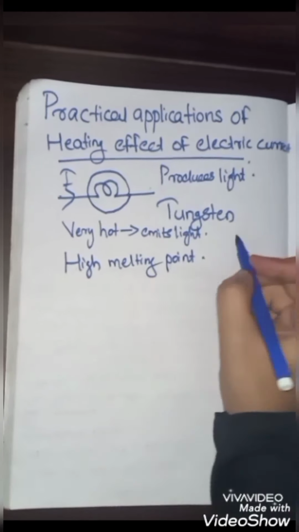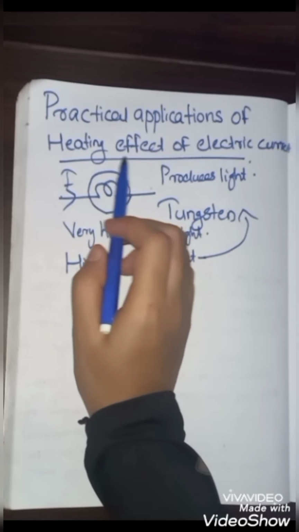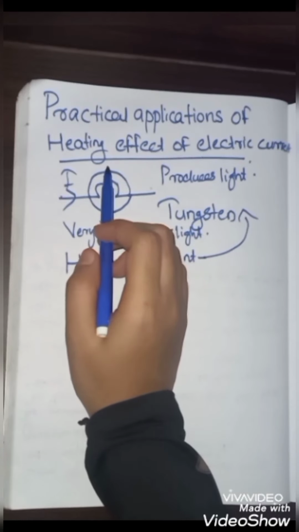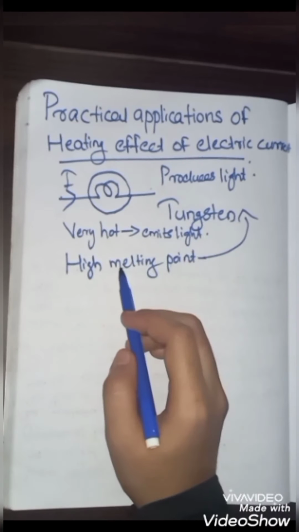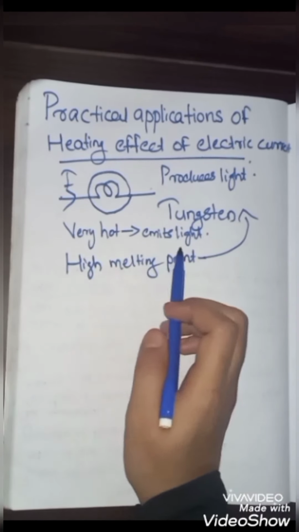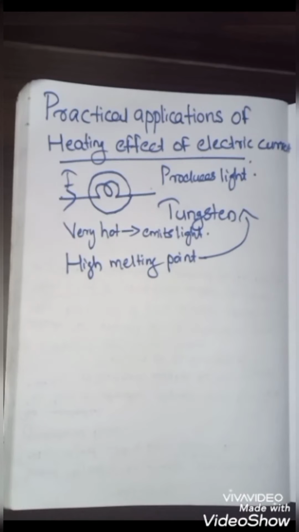We use the metal tungsten to make the filament of the electric bulb. We all know tungsten is used not only because of its high melting point but also because of its high resistivity.